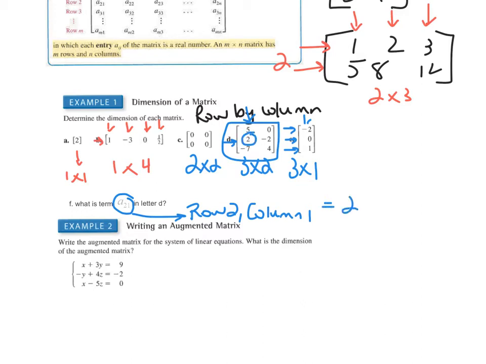So your answer would be 2. What if I asked you for A3,2 in that same matrix? So row 3, column 2. Yep, the answer is 4. Row 3, column 2. There you go. Okay, so that's the notation for it.